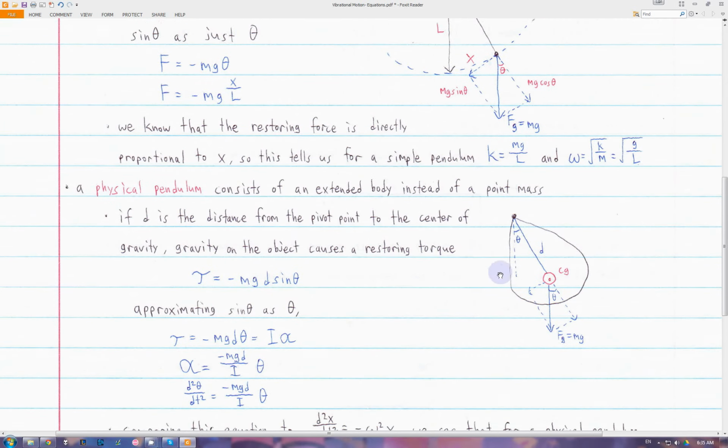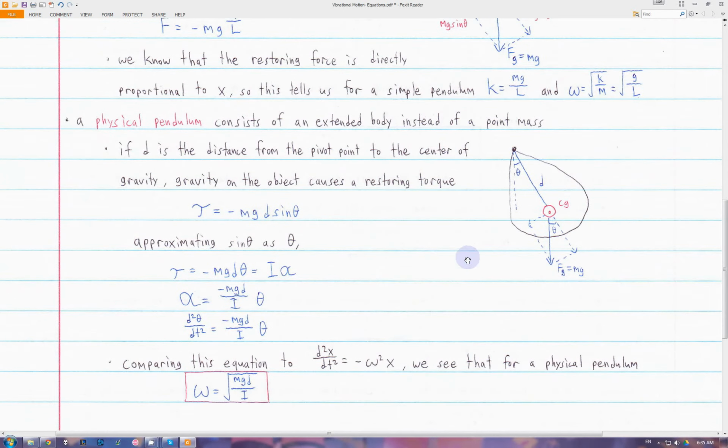So, a physical pendulum, we no longer have a point mass on a massless string, but we just have this big rigid body. So the equation is almost the same, except instead of a restoring force, we're going to have a restoring torque. So the tangential component of the gravity now provides a torque around this pivot point.